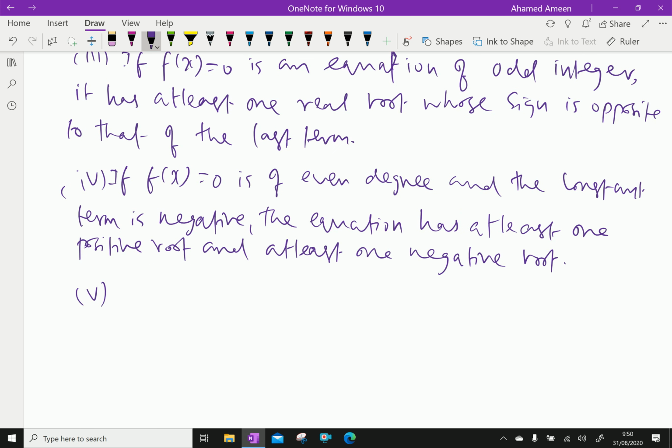Then fifth, an equation of the nth degree has n roots only. F of x equals 0 of nth degree has n roots.